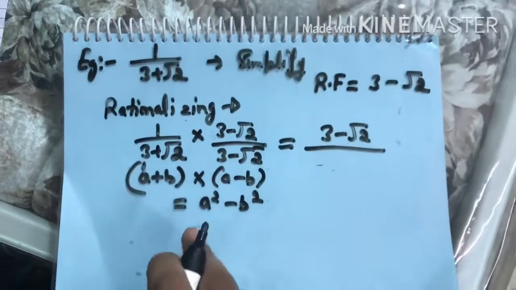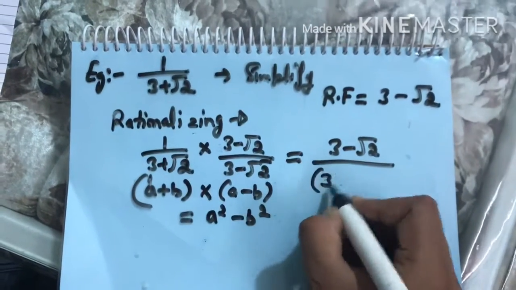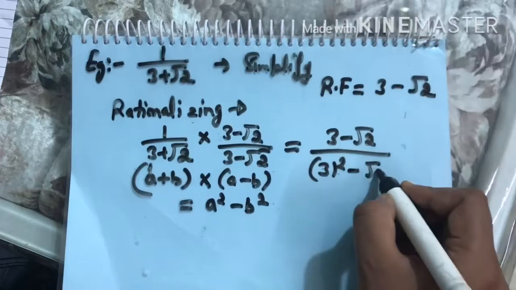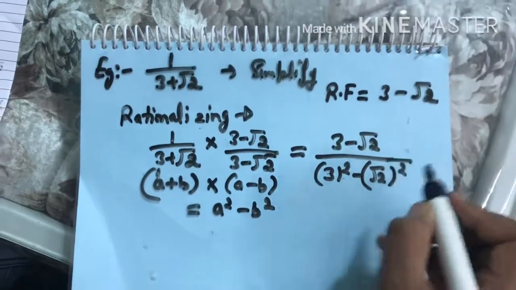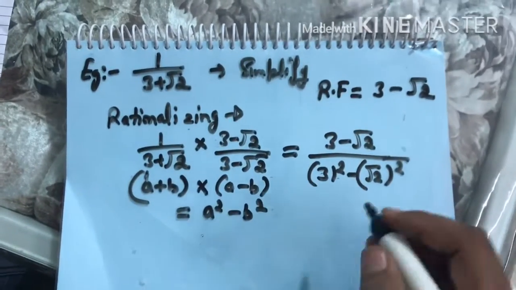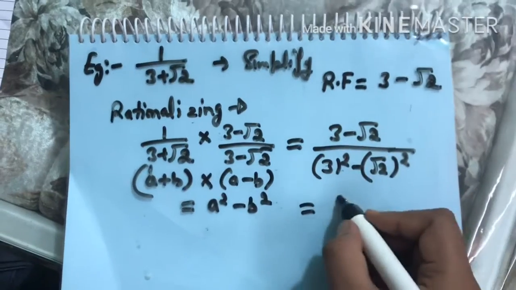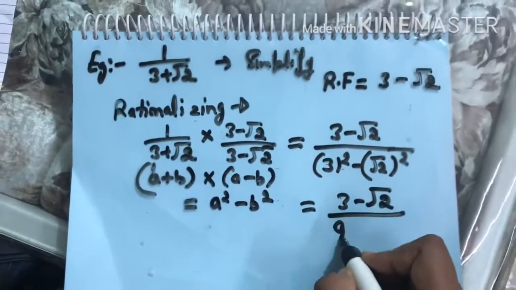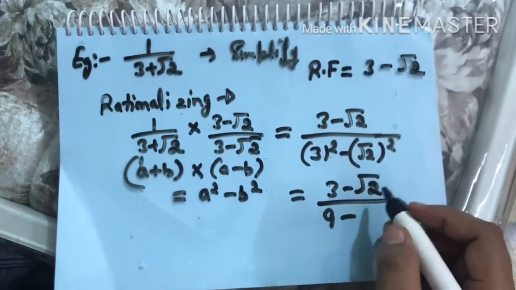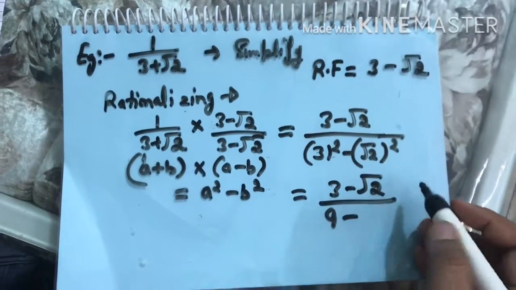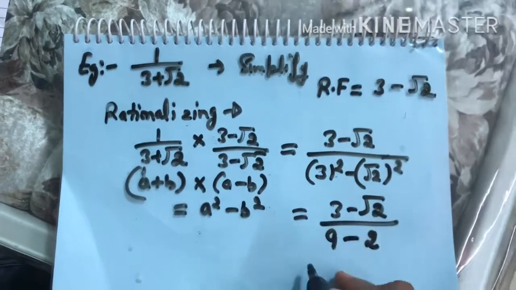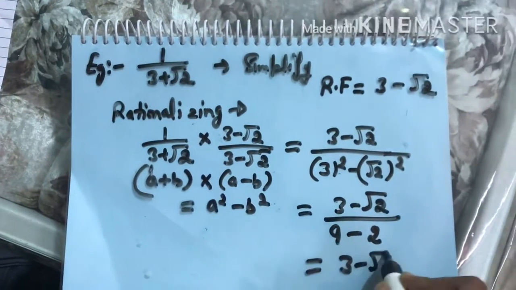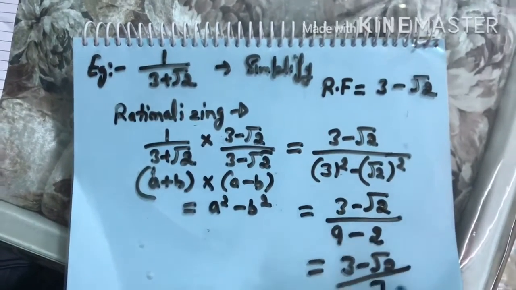So writing a square minus b square, we get 3 square minus root 2 square. 3 square becomes 9, and whenever we square the root term, it simply gives us 2. So our answer becomes 3 minus root 2 by 7.